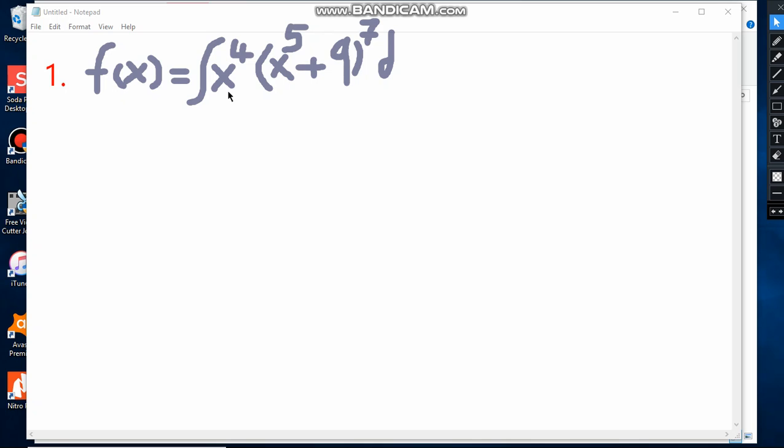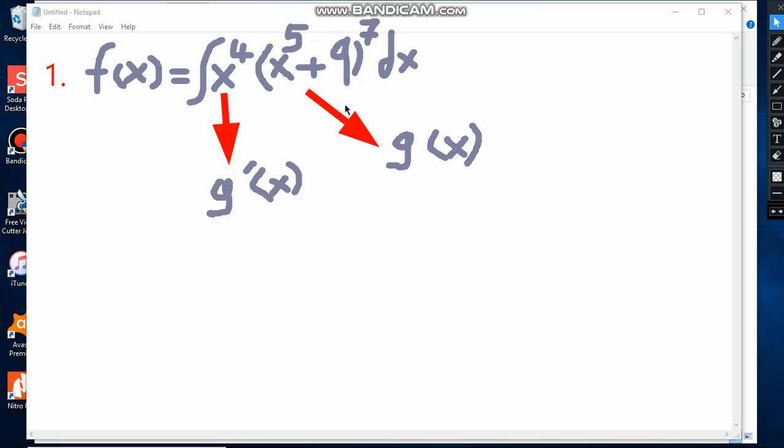There are two functions, x raised to 4 and x raised to 5 plus 9 raised to 7, and when I differentiate x raised to 5 plus 9, I get x raised to 4. So this is g dash of x, and this function, x raised to 5 plus 9, is g of x.